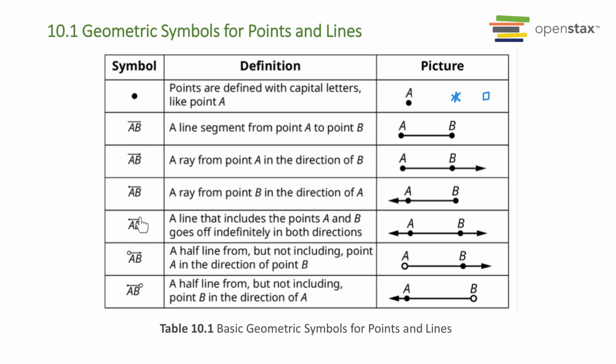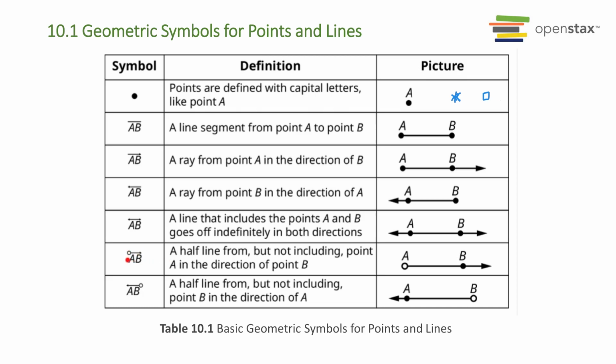And then if we add 2 little arrows to the end of our bar symbol, that is a line that goes off indefinitely, or to infinity, in both directions. So this would go forever in both directions. This is interesting; this is called a half line. You see now we have this little open circle here, and then it's going to the right.